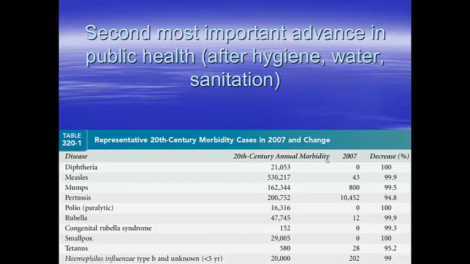The annual morbidity in the 20th century was measured in the hundreds of thousands or tens of thousands in many cases. And then in 2007, you can see the reduction is on the order of nearly 99%, 100%, 95%. So vaccines have had a major impact on some of these devastating illnesses that used to maim and kill.